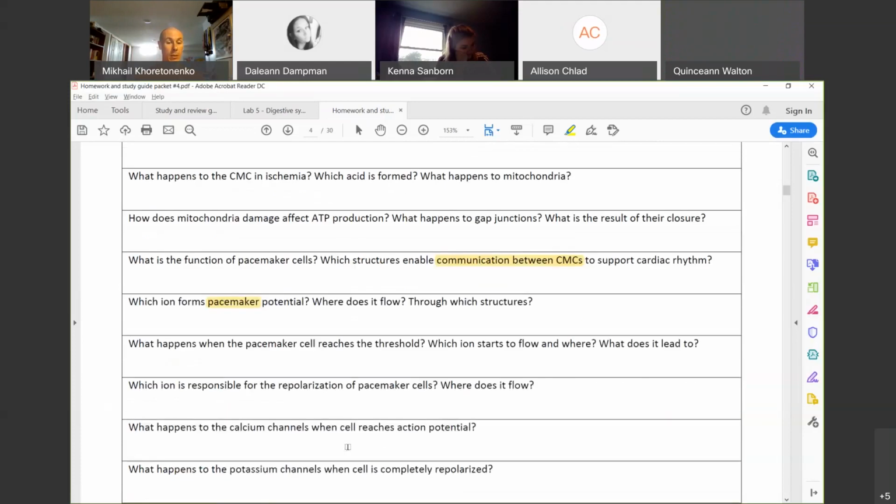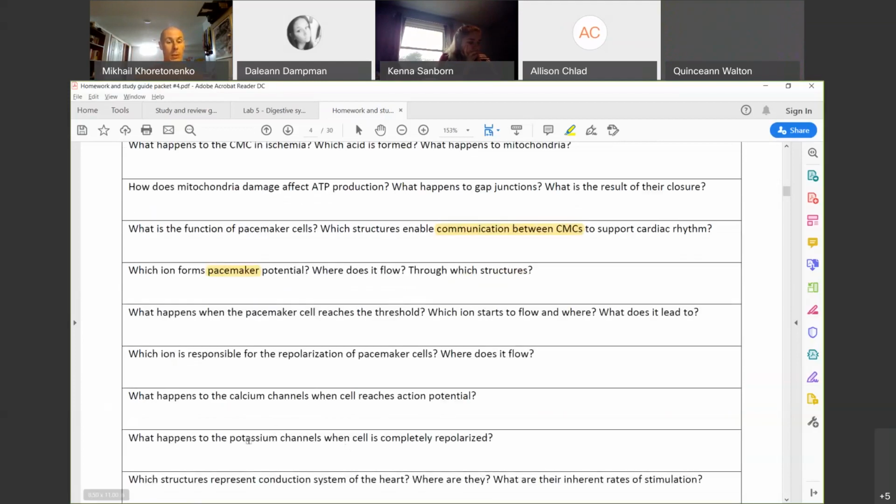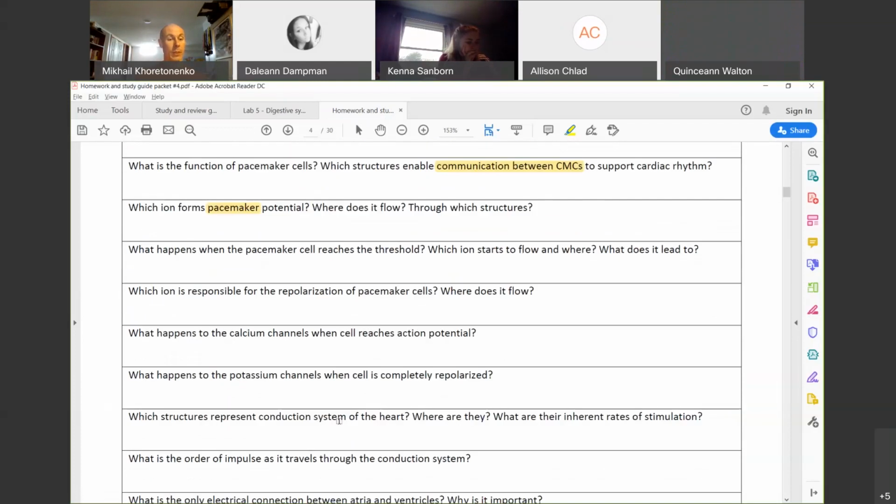So when cardiomyocytes reach the action potential, calcium channels close. And when the cell is completely repolarized, potassium channels close as well, and the pacemaker potential starts again.